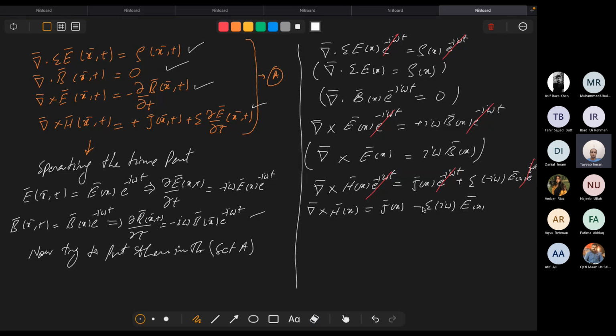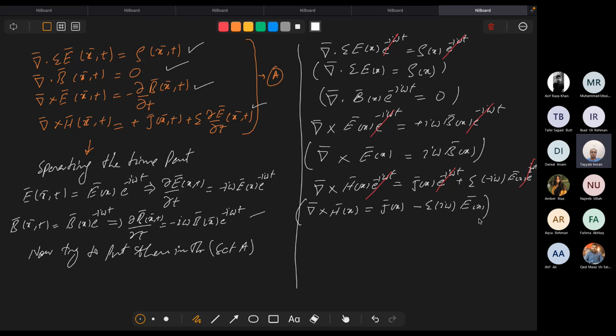So this is the fourth one, and here also it's position dependent.